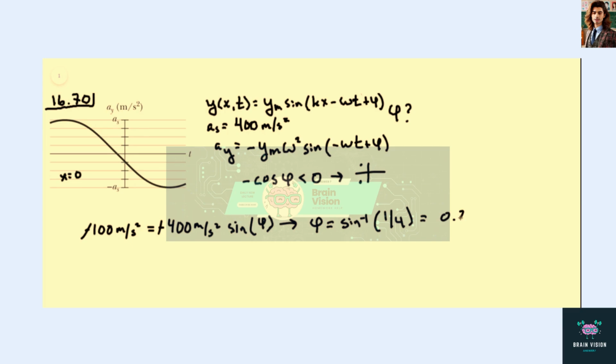And so this can be either approximately 0.25 radians or 2.9 radians. Now, because we know that this has to be in the second or third quadrant, it can't be this, but it can be 2.9 radians.